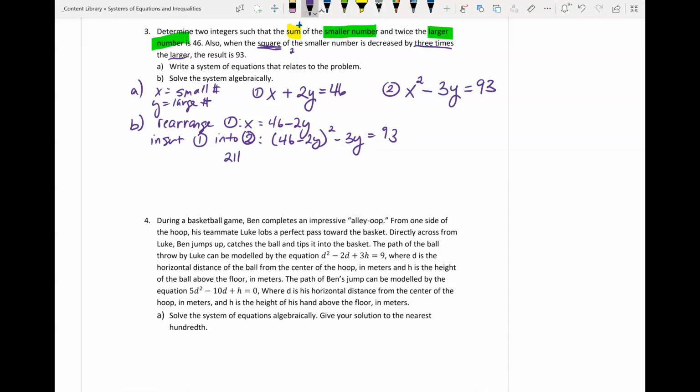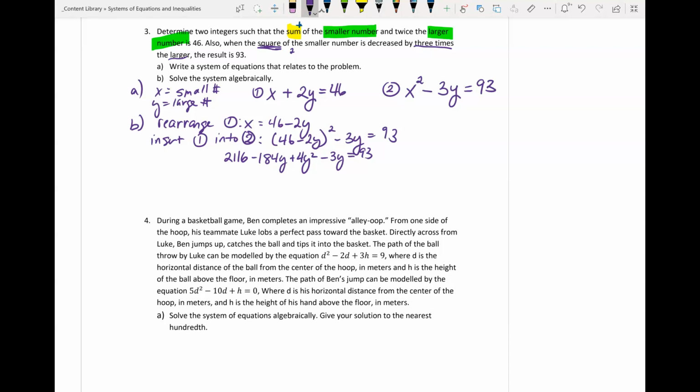That's 2,116 minus 184y plus 4y squared. This is just coming from 46 minus 2y times 46 minus 2y. I'll leave everything else alone. Now I'm just going to rearrange this equation so it looks like a quadratic.